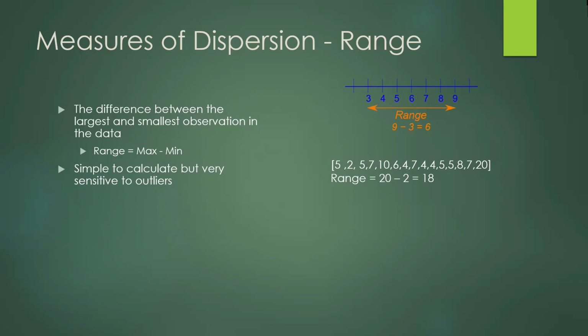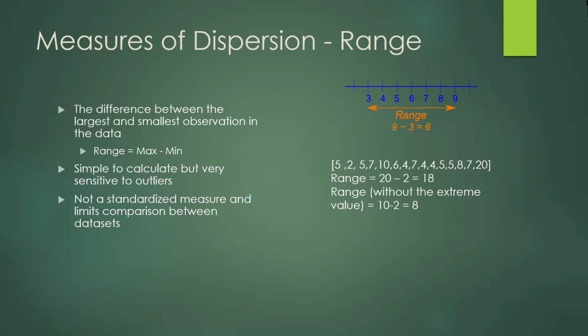Now, when I calculate the range, it gives me 18, while in reality the actual range is much smaller than this, because if I just remove the value 20, I'll be left with the actual range, which is 8. So calculating range, although it's very easy to do and interpret, you need to be watchful of the outliers in your data set.